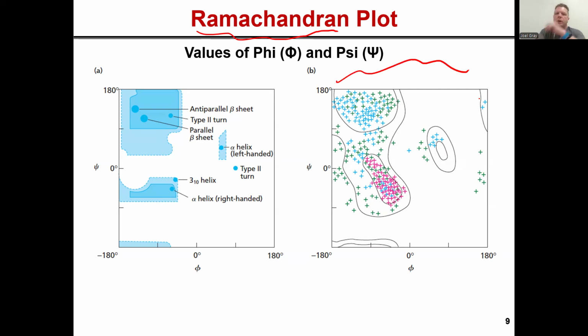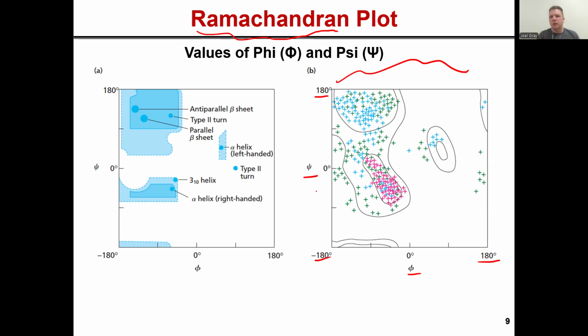This graph on the right shows on the y-axis our psi angle, and then on the x-axis our phi angles. And so this shows the favorable combinations of angles that your phi angle can be rotated to and that a psi angle can be rotated to.